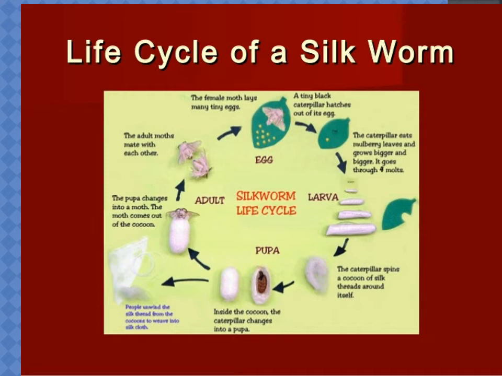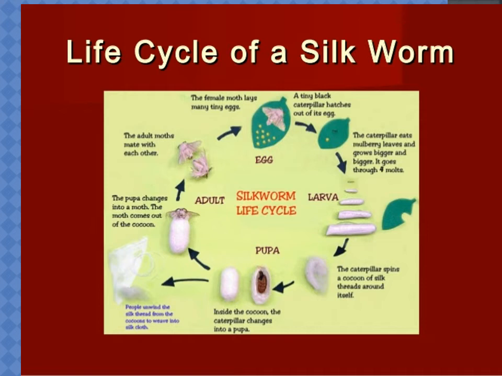and makes the pupa. That is a cocoon, and the worm is inside only. The silk fiber comes out and makes a house, that cocoon. That is a pupa. The pupa changes into the moth.